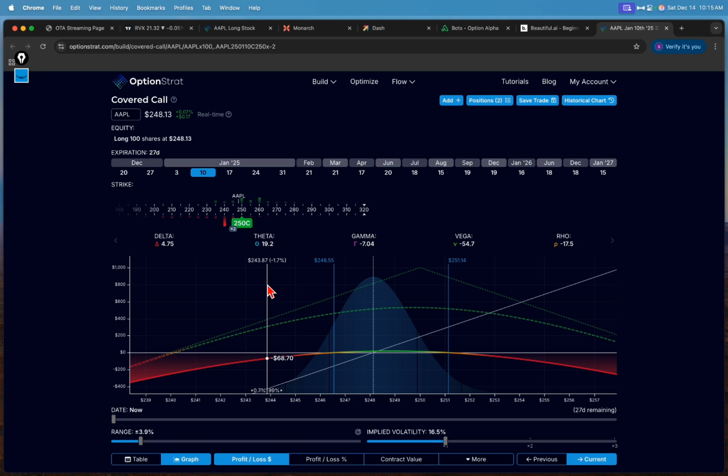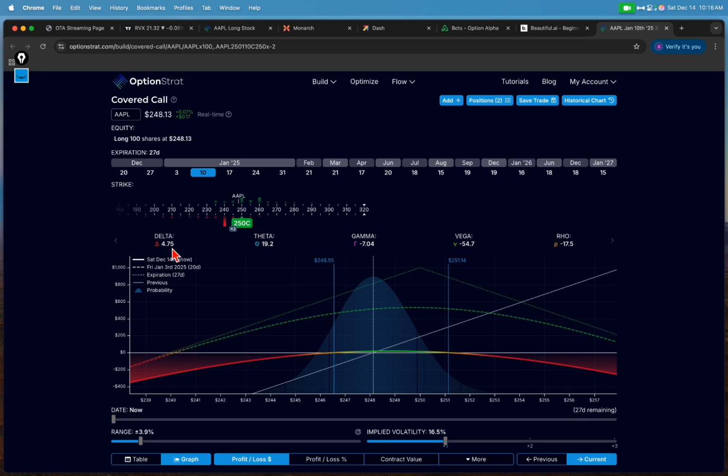So this is one of the huge uses of options in my mind: when I think the market is overheated, maybe I don't want to sell out of long stock positions for tax reasons or whatever else, but I want to hit the pause button. I don't want my stock positions to be fully exposed to a pullback in the market. I can come in and sell these covered calls and flatten my deltas in the process.